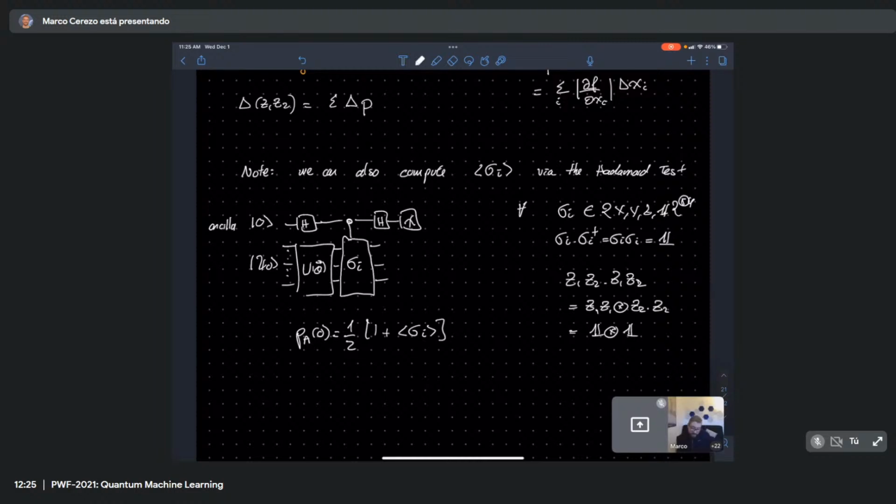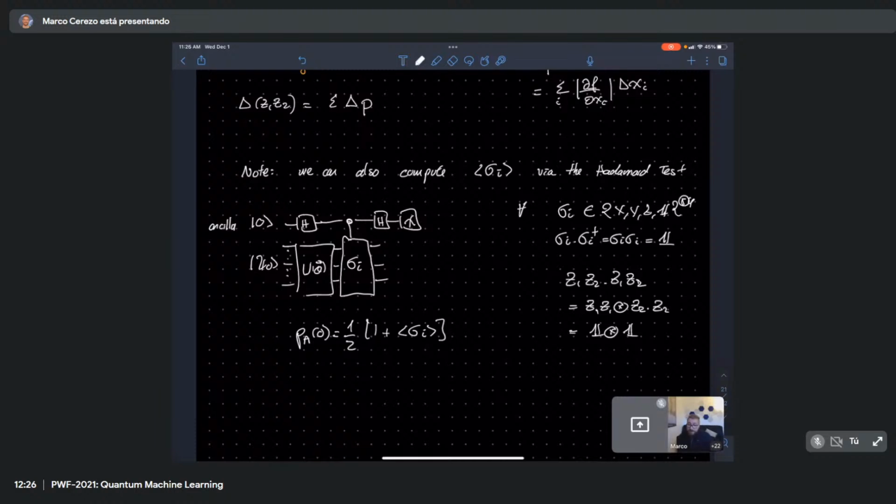And the nice thing about the circuit is that it's actually not a difficult circuit to implement, because controlling Paulis is precisely one of the simplest things to do, right? For instance, controlling Pauli X, that's just by definition a CNOT. So this is a circuit that is very useful, and we can also use to estimate expectation values of Paulis.